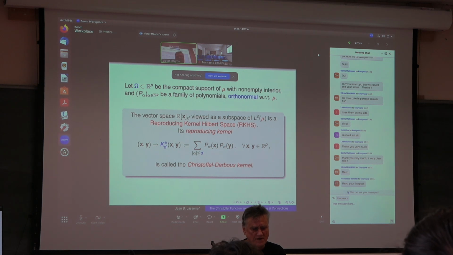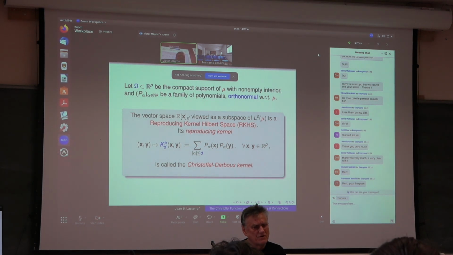I forgot to mention before: given your measure mu and your set omega, you can define a family of polynomials P alpha, indexed by alpha, which are orthonormal with respect to mu. That's always possible if the moment matrix of mu is positive definite.